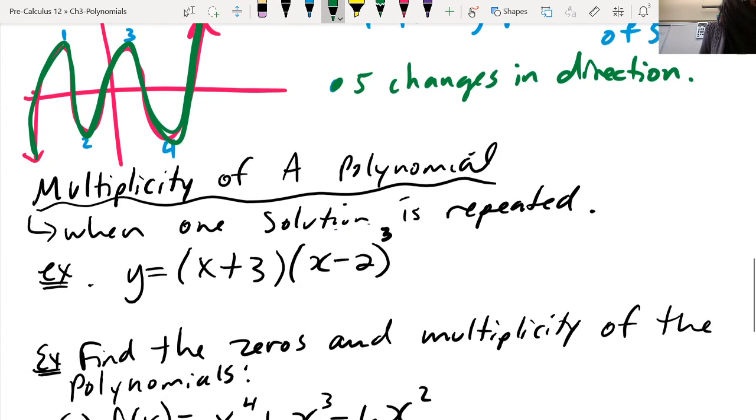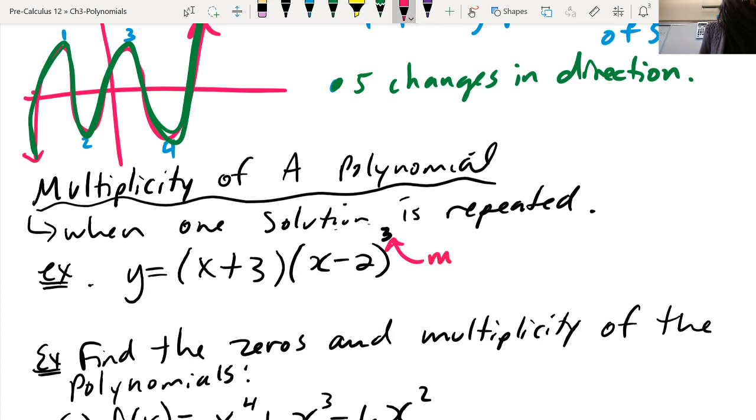And then the next thing is multiplicity of a polynomial. When one solution is repeated more than once. So in this equation, we have y equals x plus 3. If there's nothing there, it means to the power of 1. And then we have x minus 2 cubed. Because there's a cube there, I should point the arrow to the actual exponent.